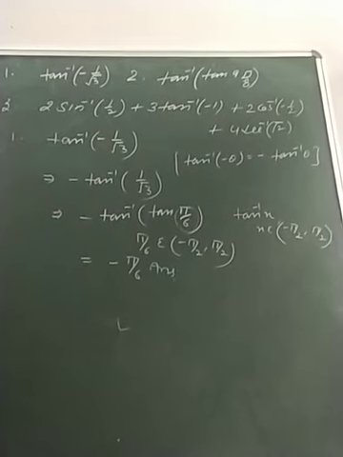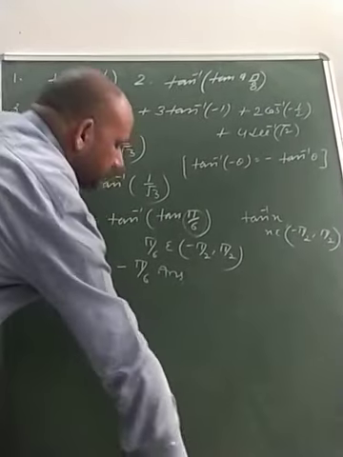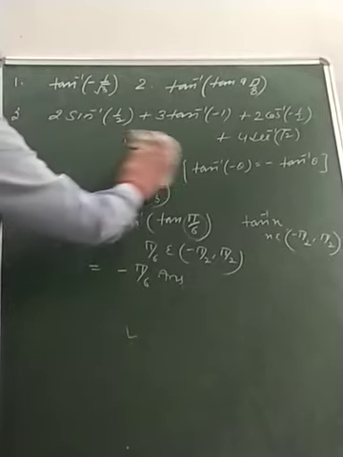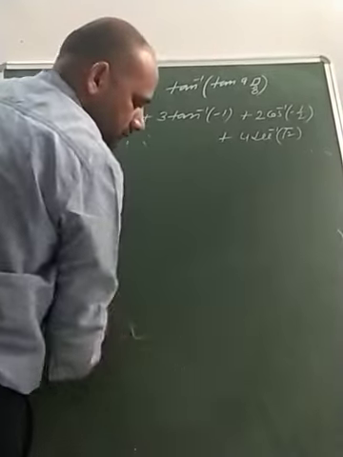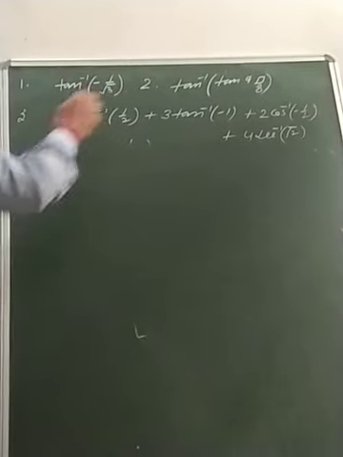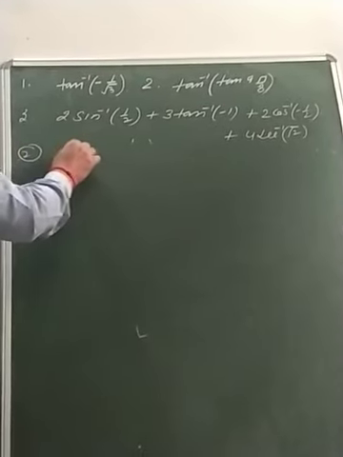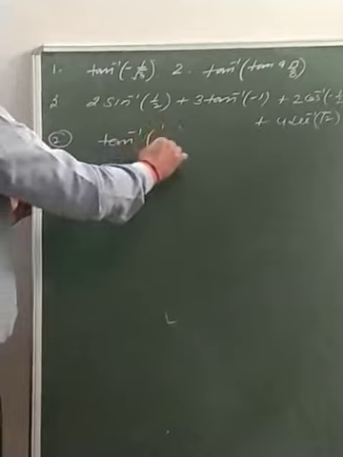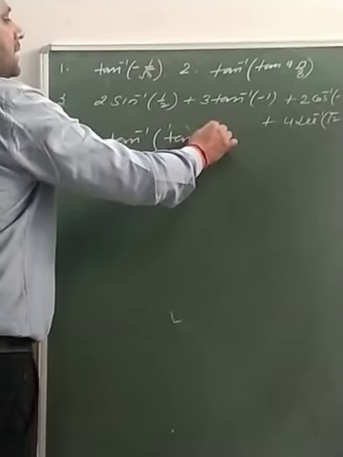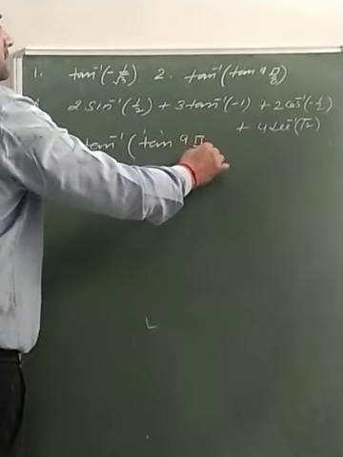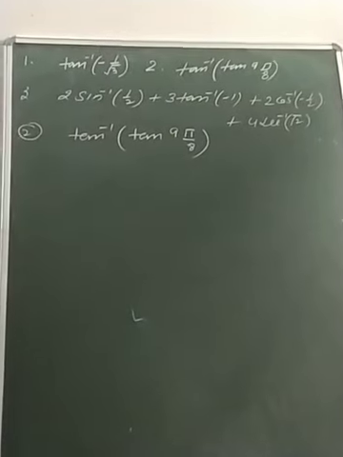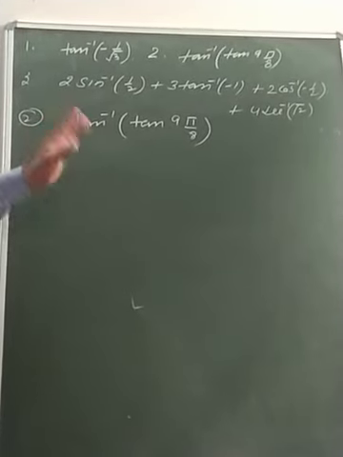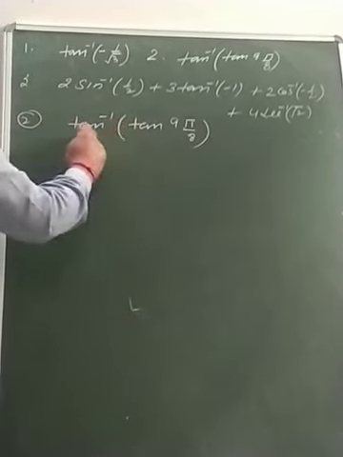Is it clear? Okay. Next question. Question number 2: tangent inverse of tangent 9 pi by 8. First of all, keep in mind that inverse is not a process for direct cancelling.